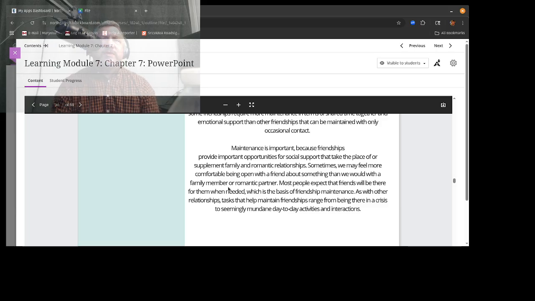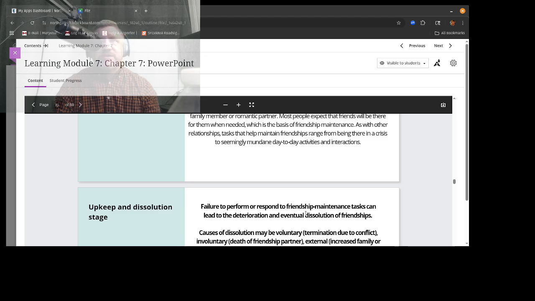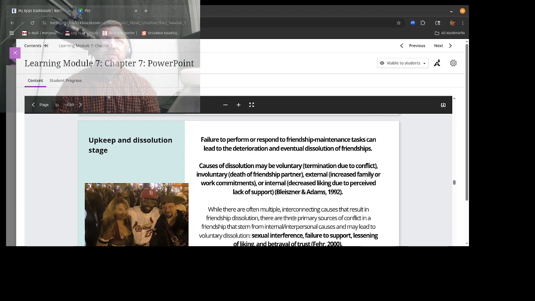Most people expect that friends will be there when we're needed, and that's really the basis of friendship management, honestly: being there when we need. As with other relationships, this helps maintain them, but these friendships can also range from being there in a crisis to being there for everyday activities. It really depends on the two people involved in that friendship.